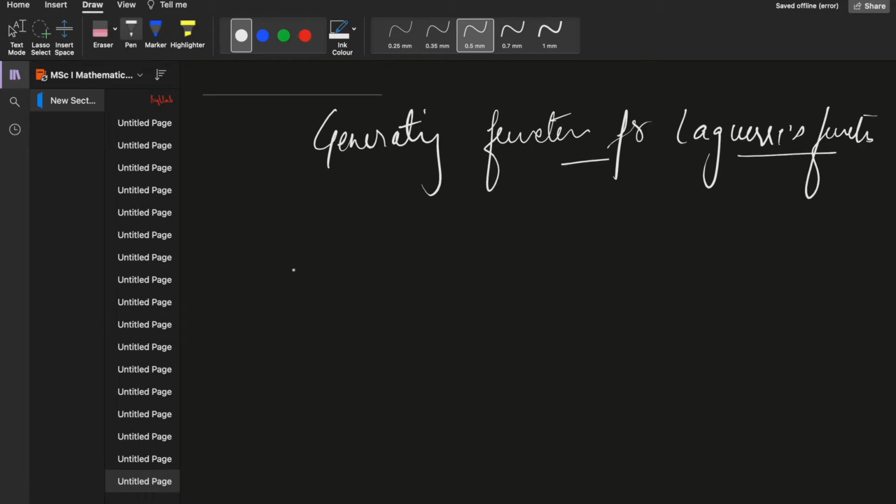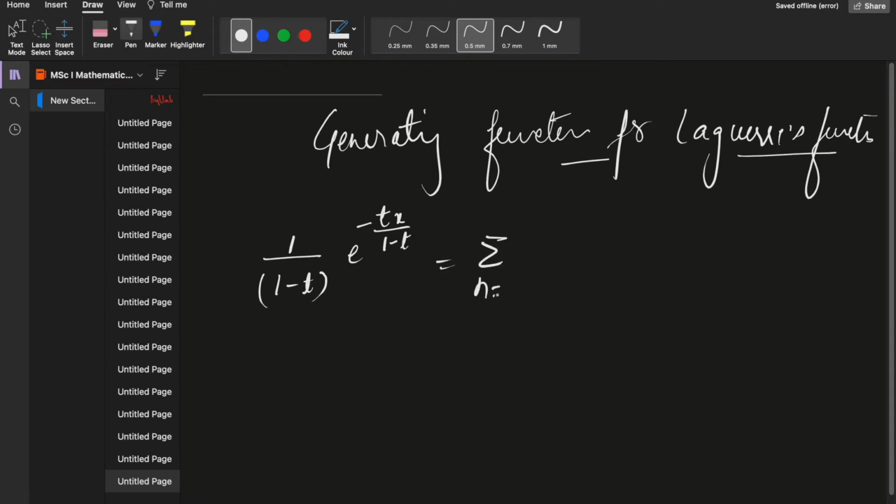Laguerre function. So we see 1 upon 1 minus t, e to the power minus tx upon 1 minus t, is equal to the summation n tends to 0 to infinity t to the power n Ln(x).